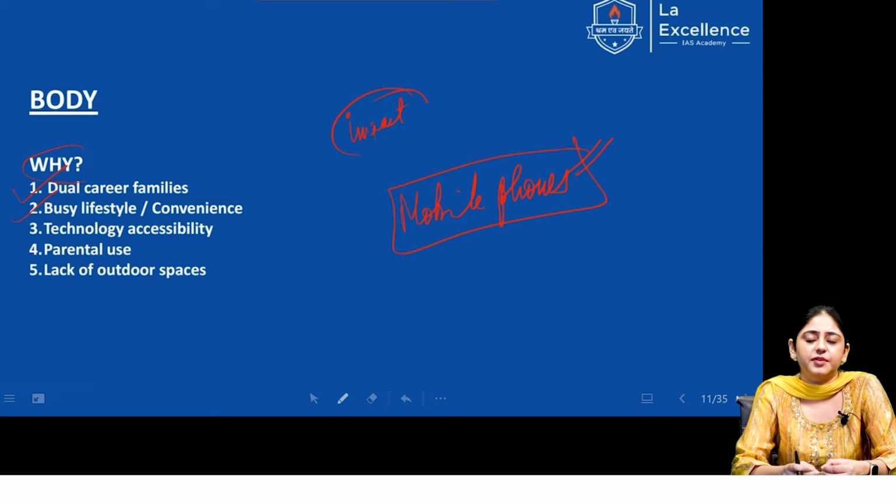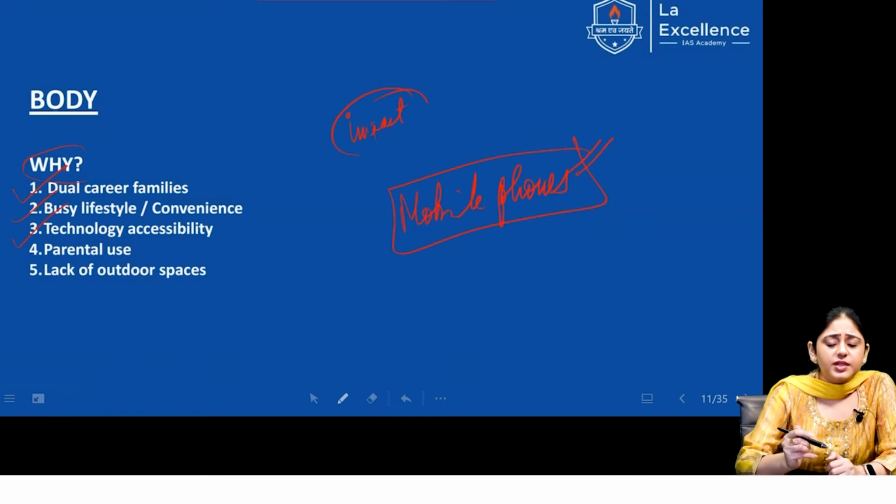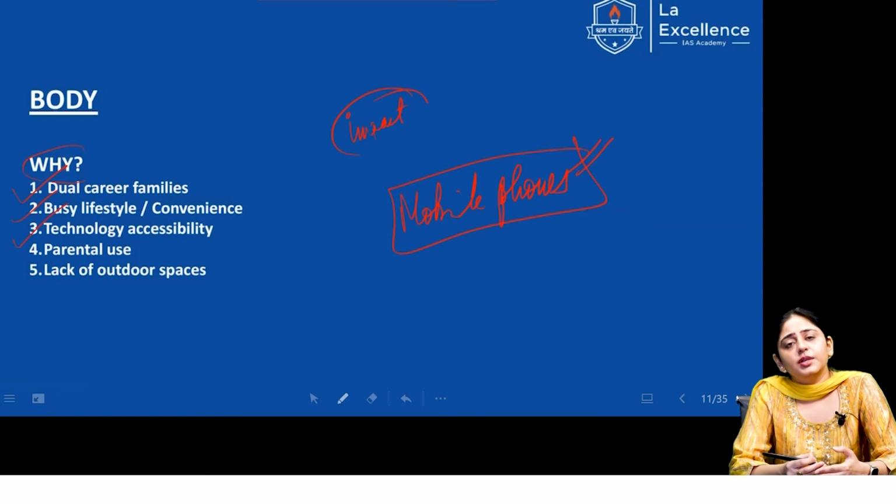It's not that they have completely stopped interacting with their children, but a major part of the child's life is being surrounded by technology rather than parents. Then technology accessibility. Technology is becoming more accessible. Previously, if you see in the 90s or 80s, what was there? There was just one television in the living room.